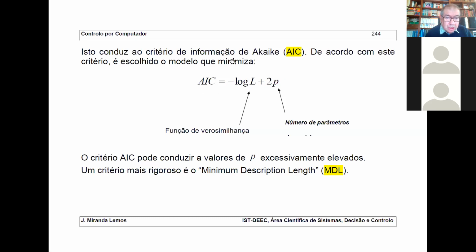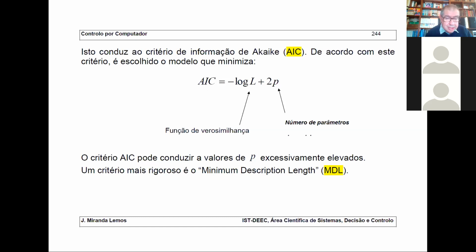Okay. Usually, so you could compute this thing. Well, the number of parameters is straightforward. The likelihood function is a little bit more complicated, but you do it using software. As I said, in ARMAX, they give you something which is equivalent to AIC, and you should try to minimize it.